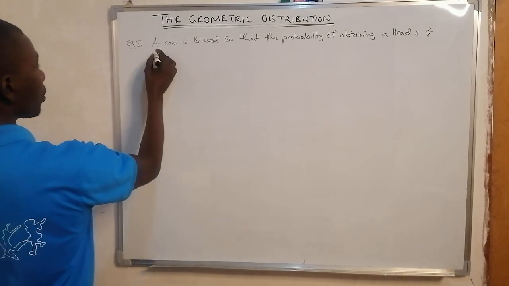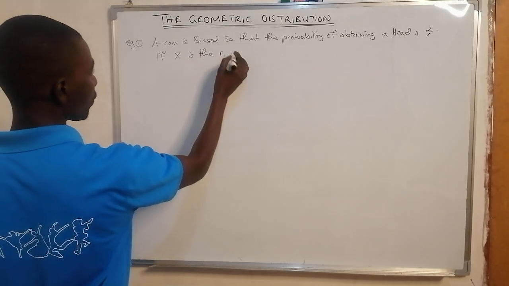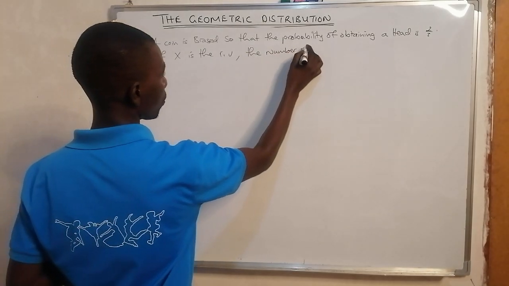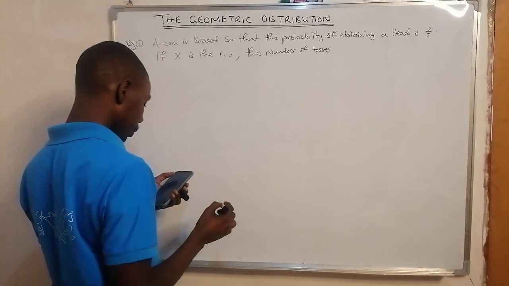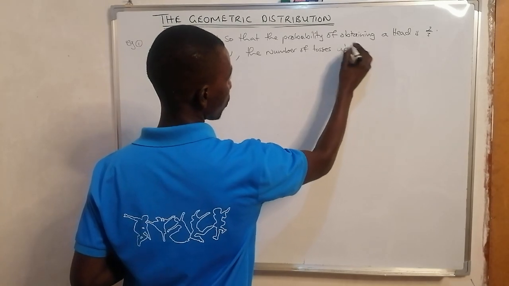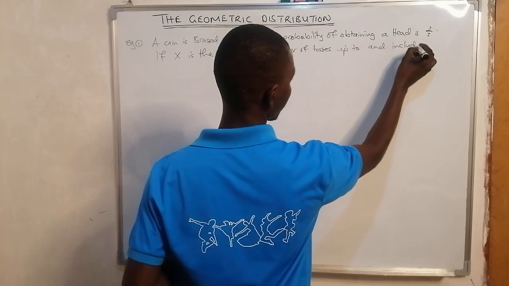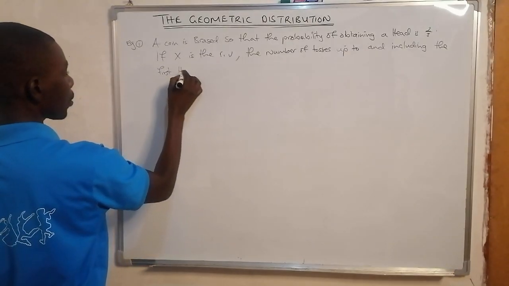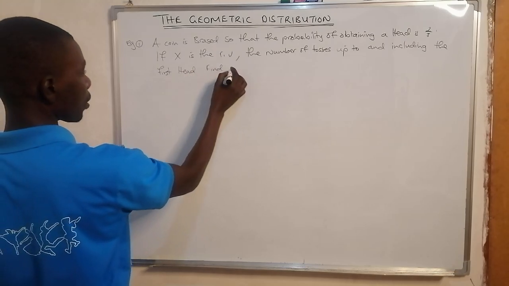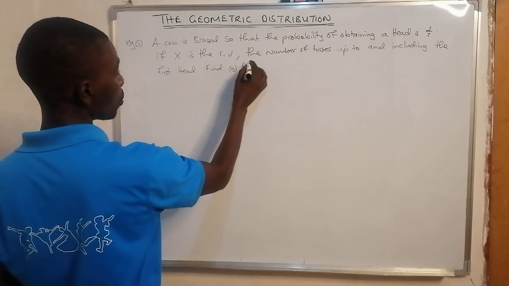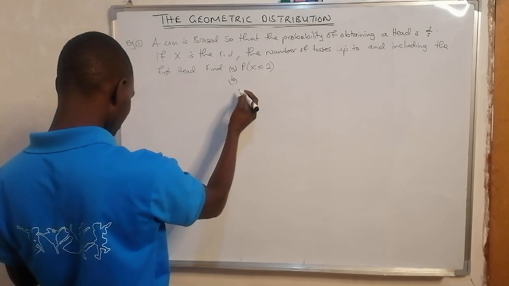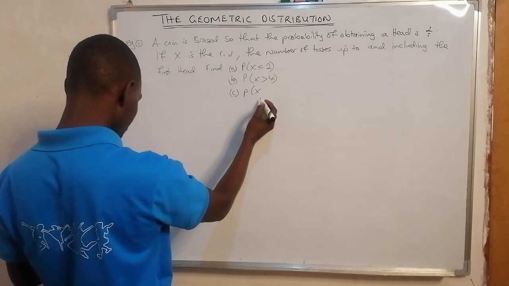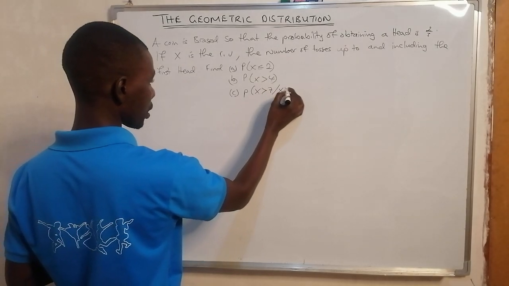If x is the random variable, the number of tosses including the first up to and including the first head, find a, P of x is less than or equal to 2, b, P of x is greater than 4, c, P of x is greater than 7 given x is greater than 3.